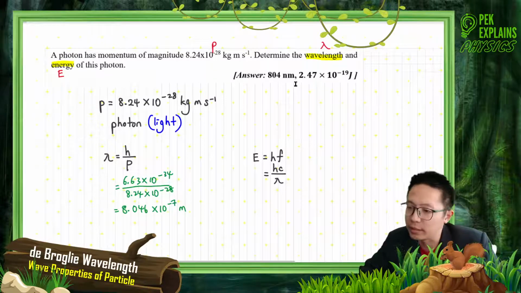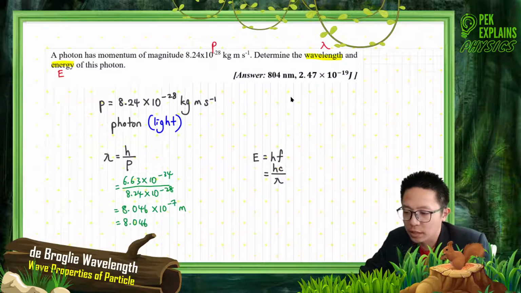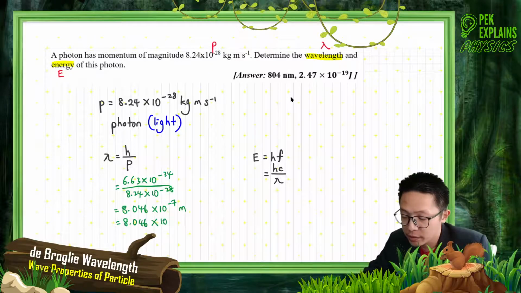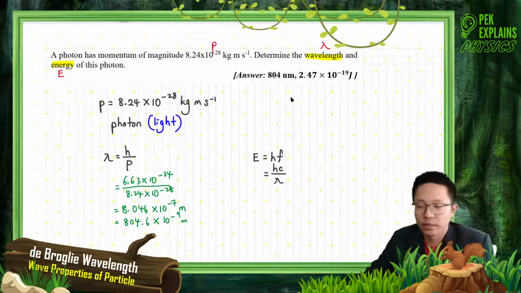That is about 8.04 hundred nanometer, so it is near to it. We can make it exponent -9. If exponent -9, this one multiply 100, that means 804.6 × 10^-9 meter.